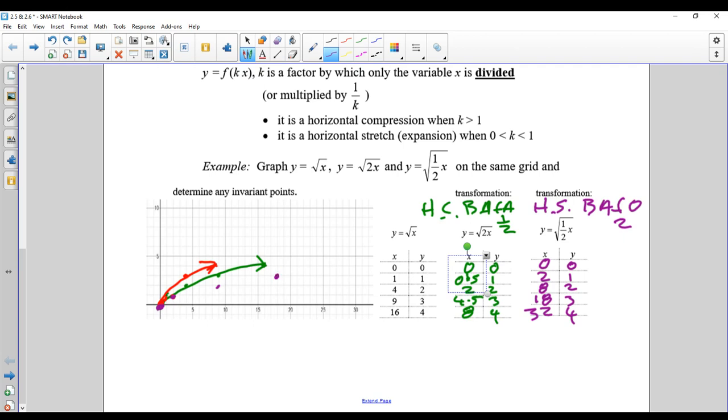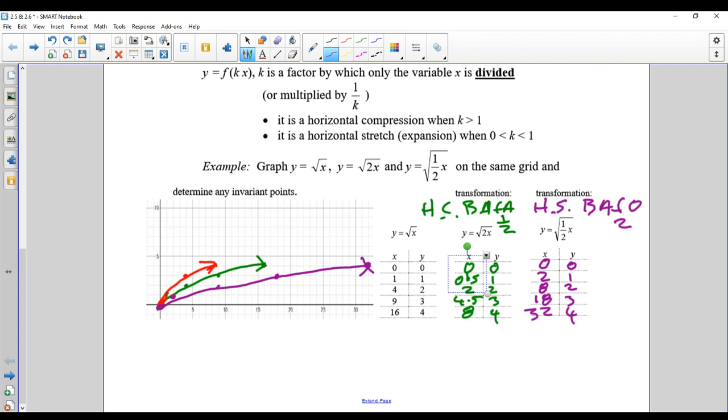And 32, 4 should be about here. So it almost looks as if you are pulling it along the x-axis, stretching it along the x-axis. That's what the language says. It's a horizontal stretch by a factor of 2. Okay?